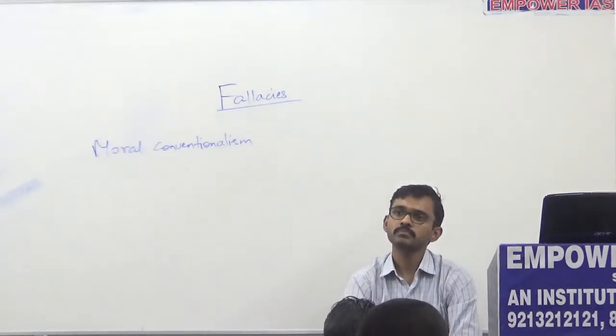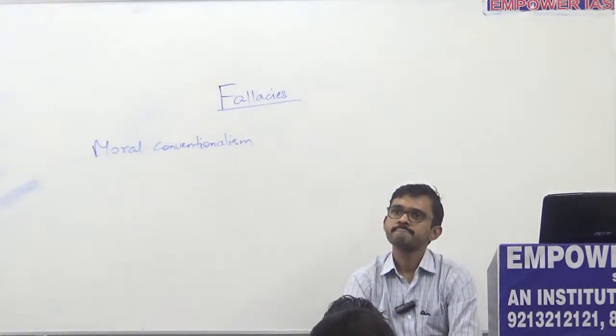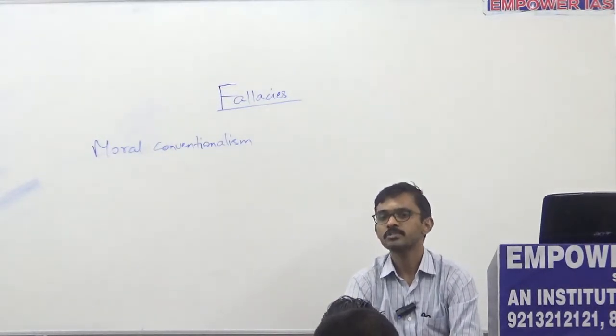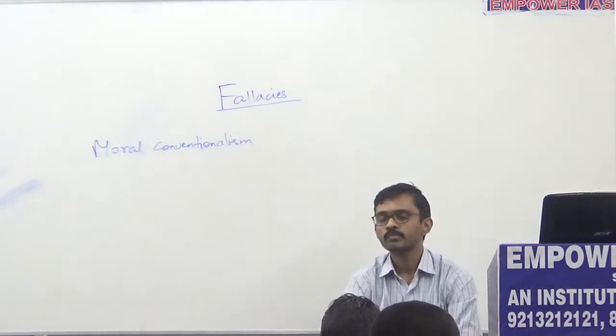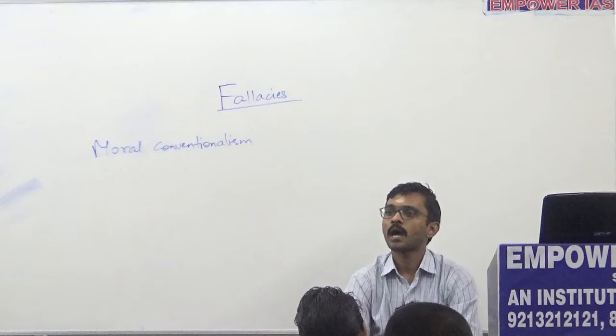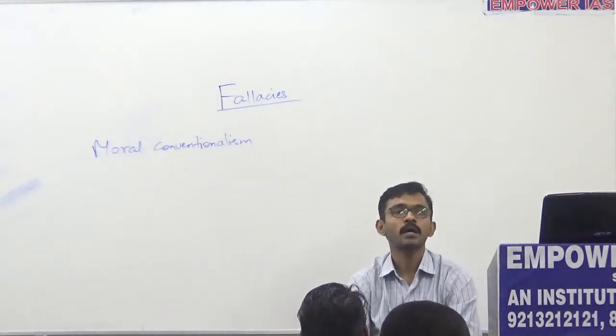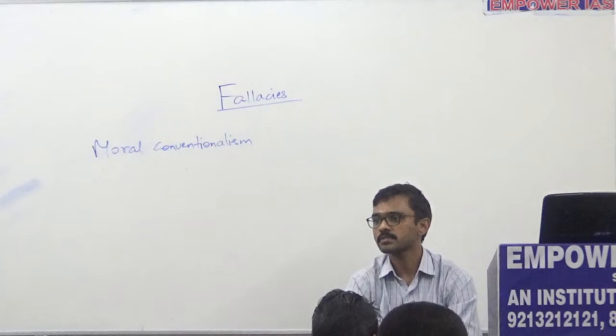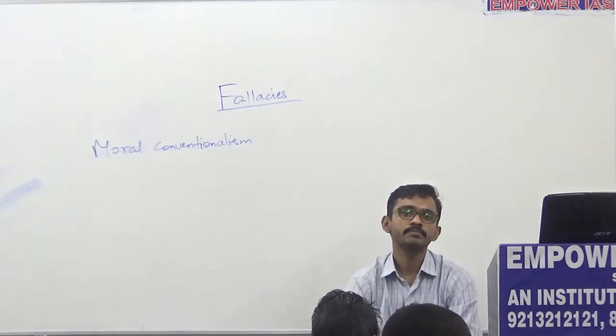Dowry. In the Western context, slavery and apartheid had cultural sanction and racial discrimination, but it did not make those acts ethical. Khap panchayats also have cultural acceptance, but that does not make them ethical.